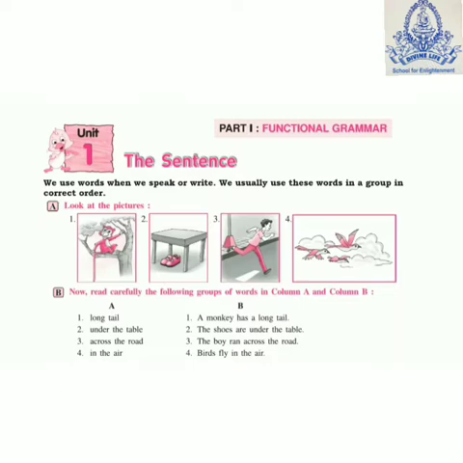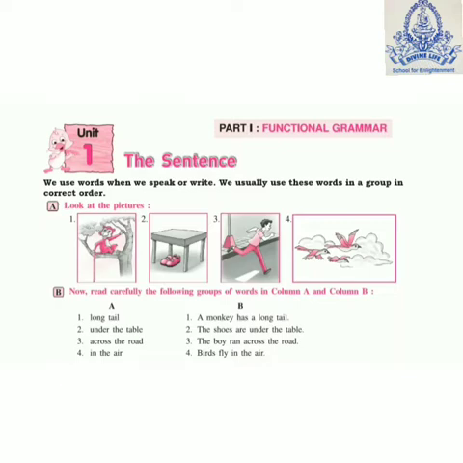But if we see in column B, here it is written, a monkey has a long tail. Now, do you think it makes a complete sense? Yes, because the sentence is complete, like a monkey has a long tail.